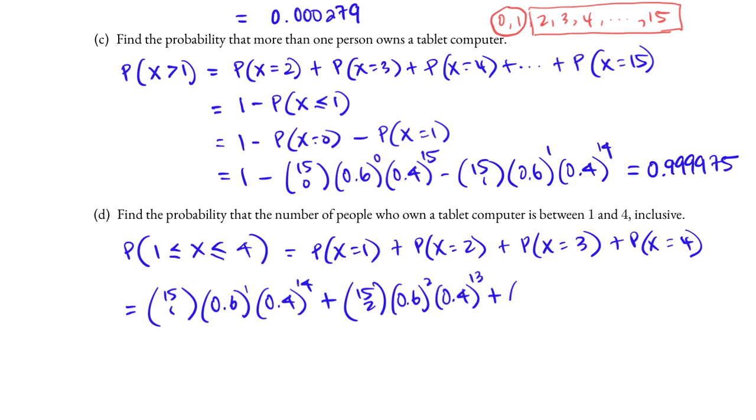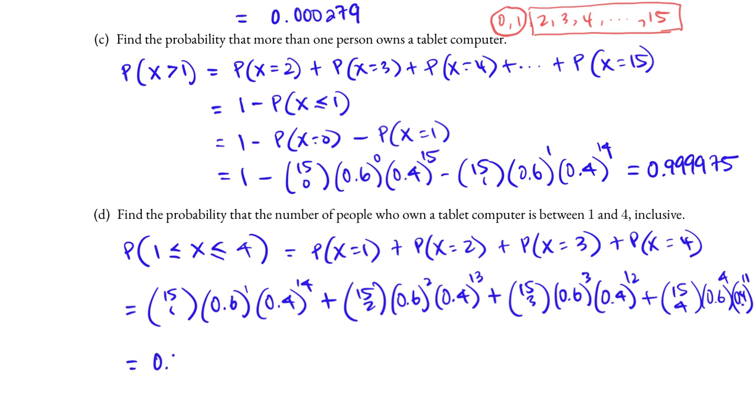Plus, for p of x equals 3, 15 choose 3, 0.6 raised to 3 power, 0.4 raised to 12 power, plus p of x equals 4, 15 choose 4, 0.6 raised to the 4th power, and then 0.4 raised to 11th power. And this time, using the calculator, the lower value is 1 and the upper value is 4. And we would have a probability of 0.009347, where we round it to 6 decimal places.